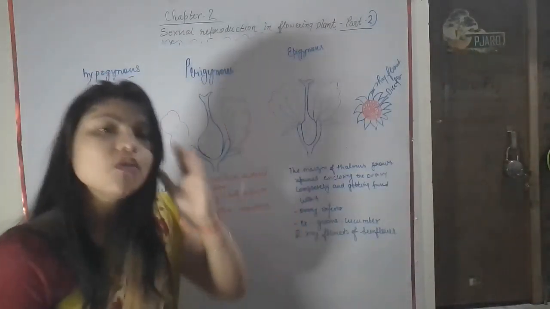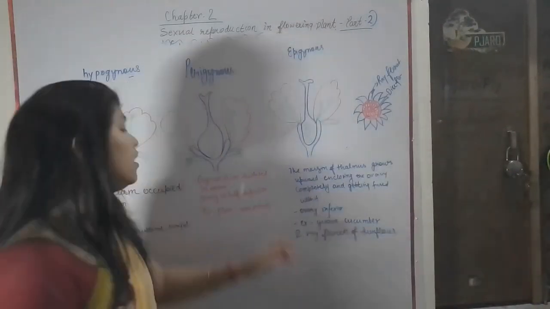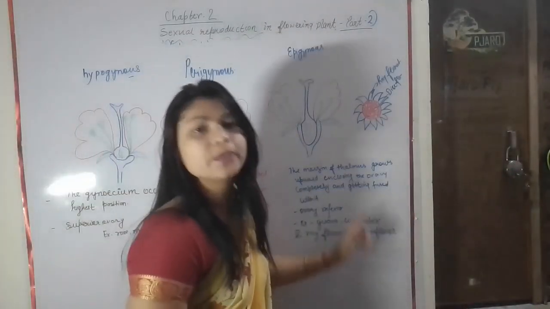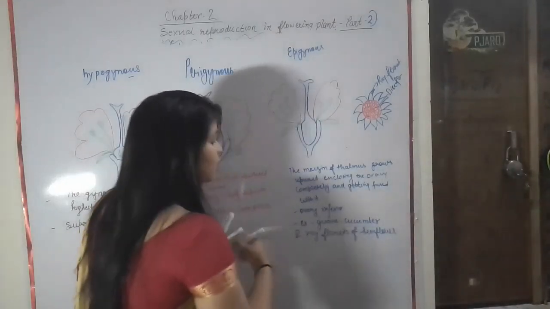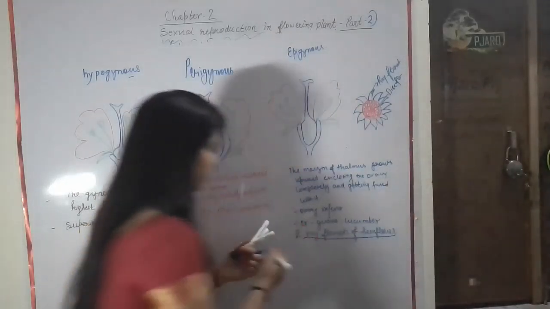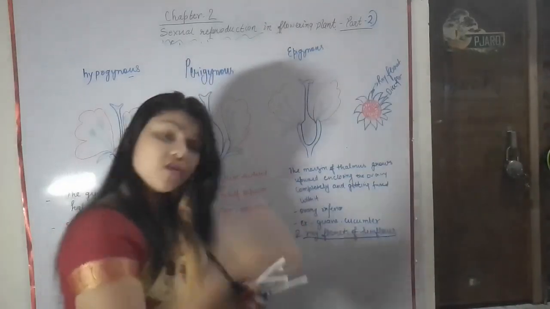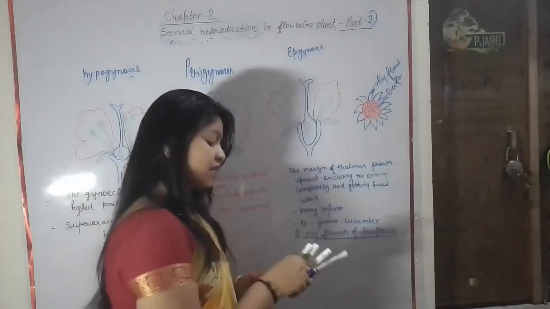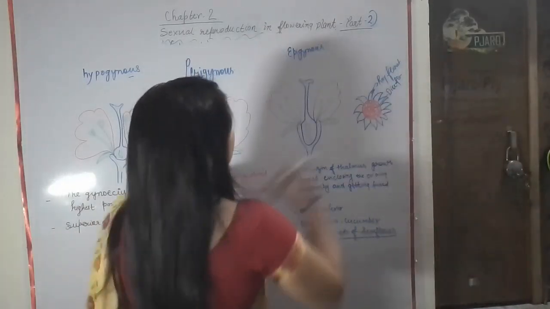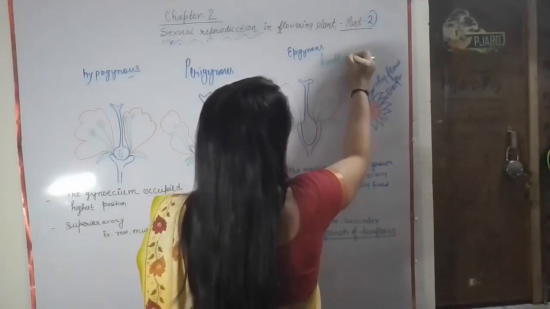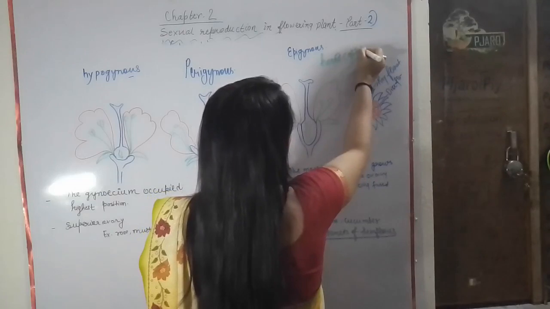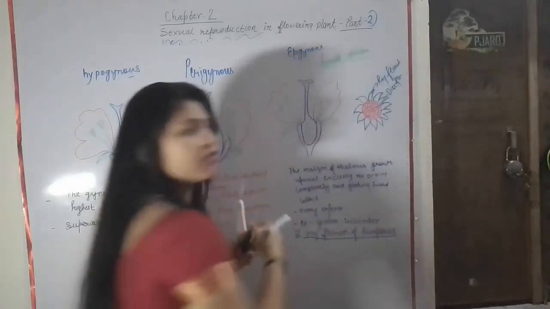Clear? So the ovary is the inferior one, and the examples are guava, cucumber and, very important, the ray floret of the sunflower. The inflorescence of the sunflower itself is the head, or capitulum. That is the name of that inflorescence.